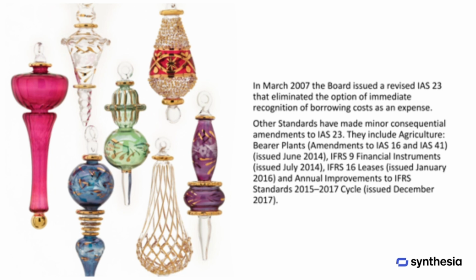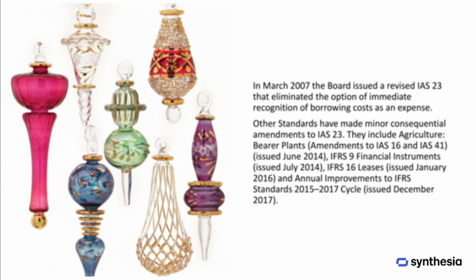In March 2007, the IASB issued a revised IAS 23 Borrowing Costs, which eliminated the option of immediately recognizing borrowing costs as an expense. Subsequent standards introduced minor consequential amendments to IAS 23. One such amendment was made by Agriculture: Bearer Plants, amendments to IAS 16 and IAS 41, which was issued in June 2014.